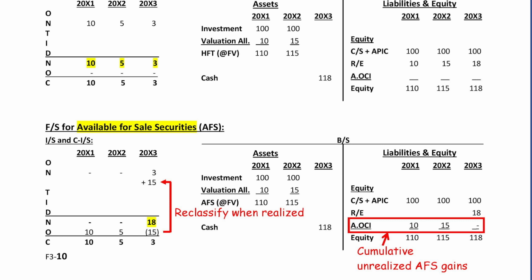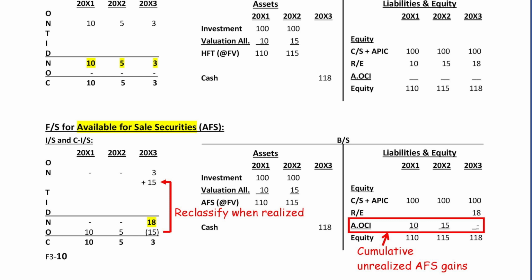Something like what we had under the fair value through net income method for equity securities. However, for available for sale debt securities, things are a little different. The unrealized gains and losses do not get into the income statement.